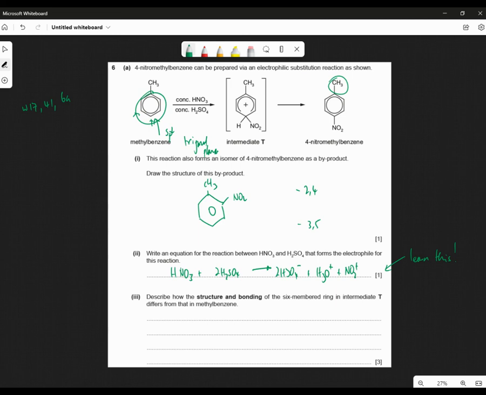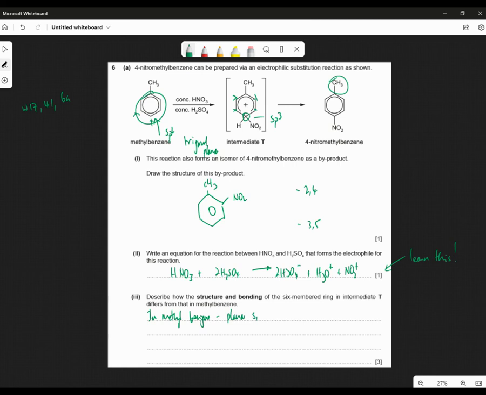But in this one we've got sp2, sp2, sp2, sp2, but down here we have an sp3. Because you look at the geometry there, there's 4 bonds coming from that carbon, so it must be sp3. So the structure and bonding: first thing I'm going to say is that in methyl benzene it's planar.